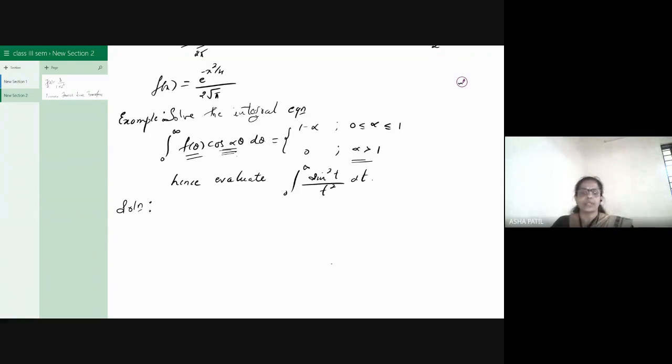What's the formula? Usually, what will you write? The Fourier cosine transform of a function: you'll write Fc of s is equal to integration from 0 to infinity f of x cos sx dx. If you write this, you'll come to know what the variable is. Instead of x, what is taken?